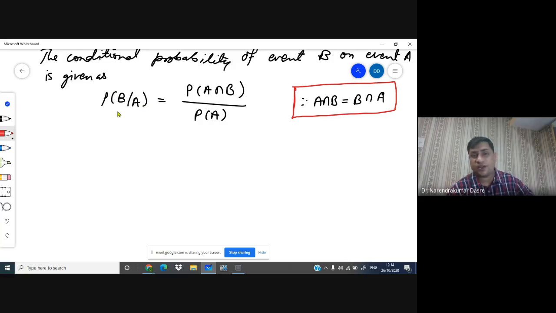But what happens if these events A and B are independent? We need to understand this.